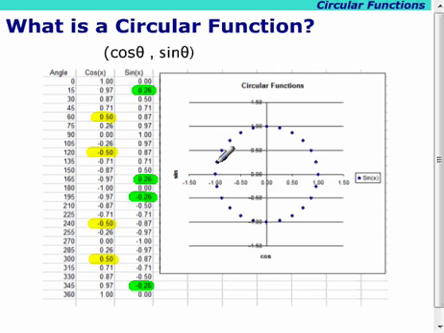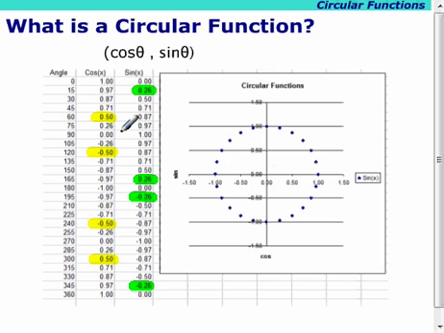This is what some people refer to as a reflection, a reflection on the y-axis. But notice also I have a point down here that's similar, so I can reflect on the x-axis. Or there's a point over on this other side, which is a reflection across the origin.